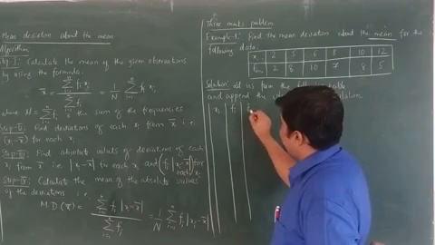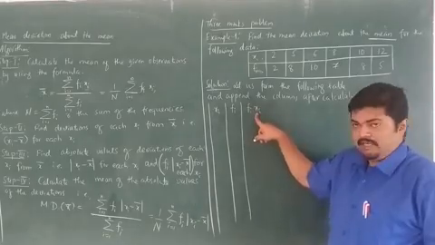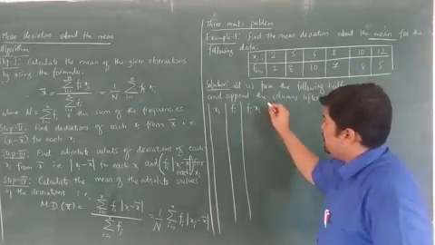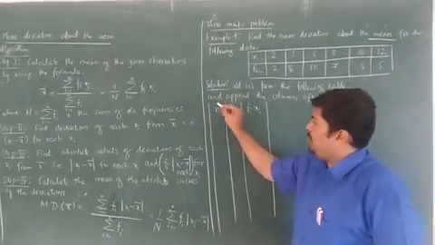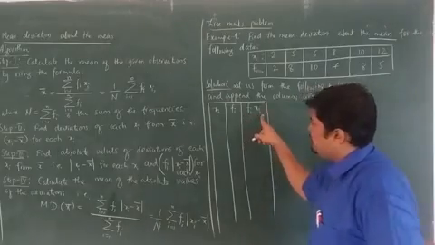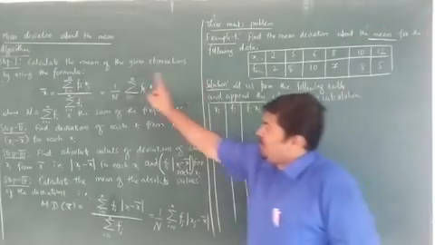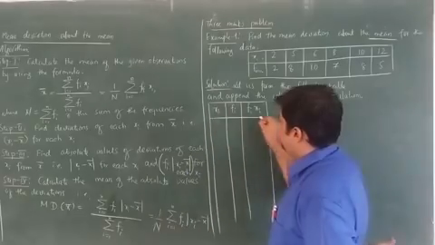It means you are supposed to calculate the product of each data point with the corresponding frequency in the third column, and after calculating the summation of these parameters, calculate the mean of the given observations. Now let us do it one by one.